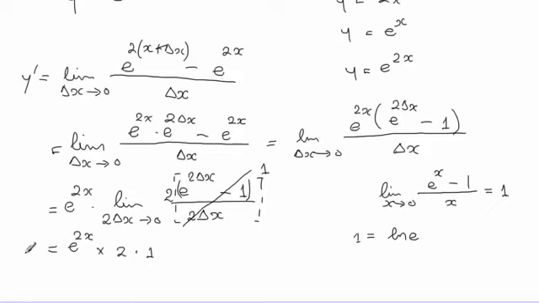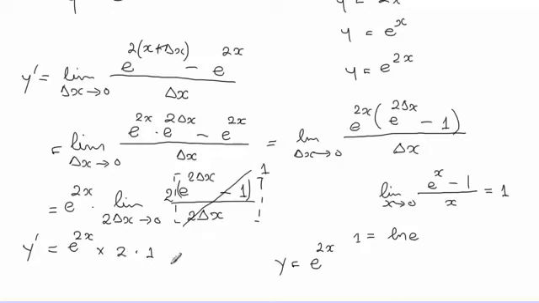What we have here as y prime is a derivative of the function of a function, y equals e to the power of 2x. So our function here is e to the power 2x. We've got e to the power 2x as the derivative of this function, but multiplied by 2.